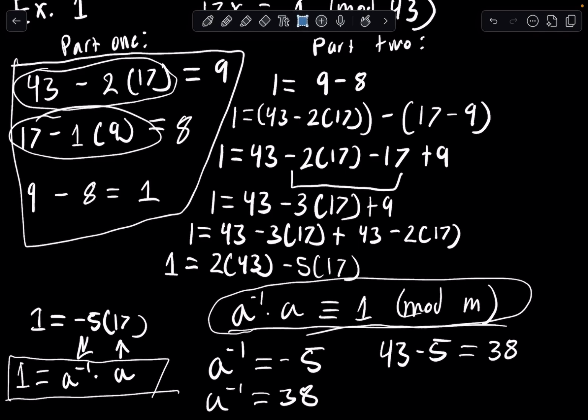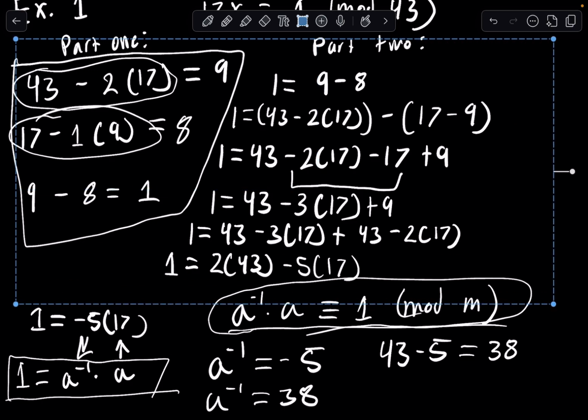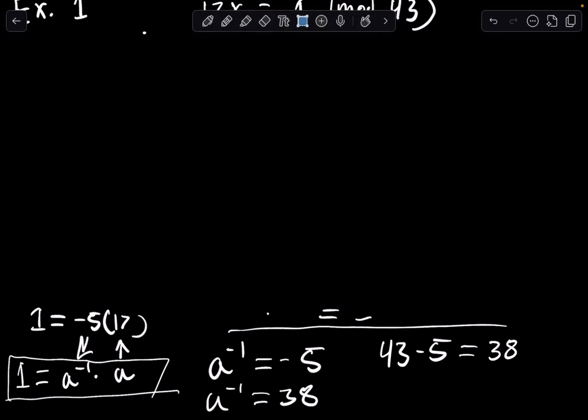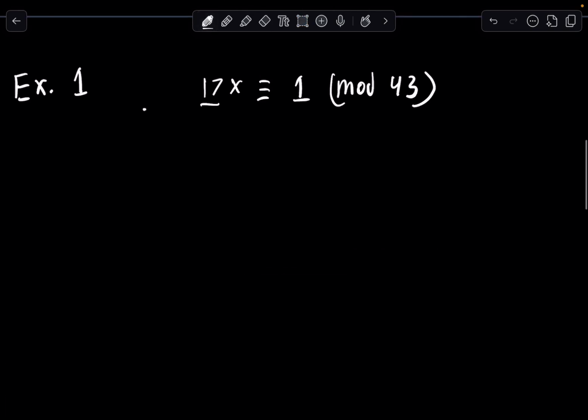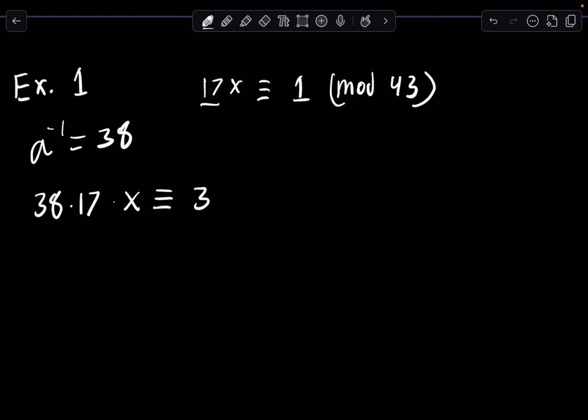Okay, now I'm going to remove this and I'll show you how to solve it again with the modular inverse. So we have the modular inverse equals 38, okay? So let's multiply both sides of this congruence by 38. So we have 38 times 17 times x is congruent to 38 times 1 in mod 43. Okay. This is going to just simplify to 1.